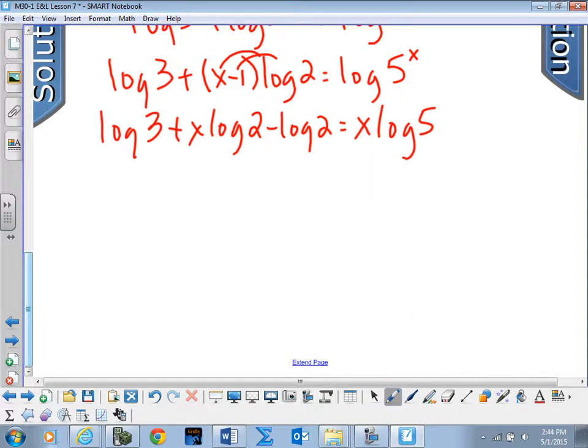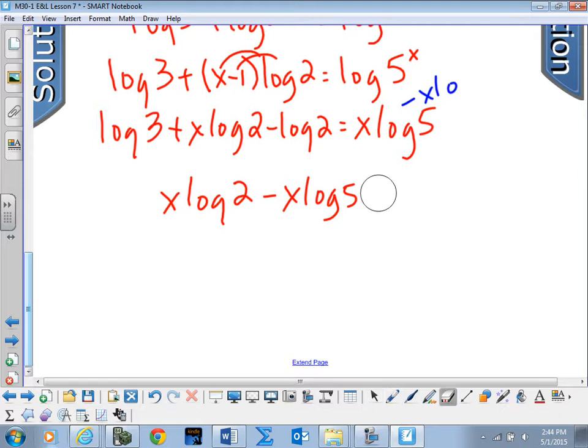We now need to get the x variables together. So x log 2 stays on the left. X log 5. Okay, I think I'm doing this the long way.